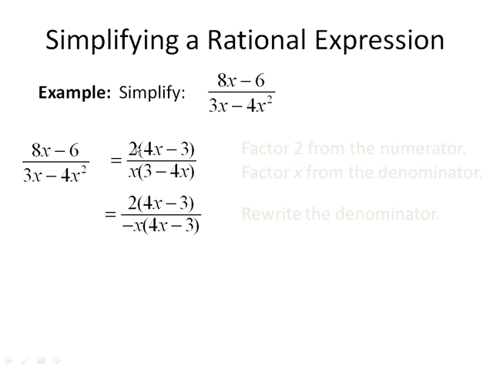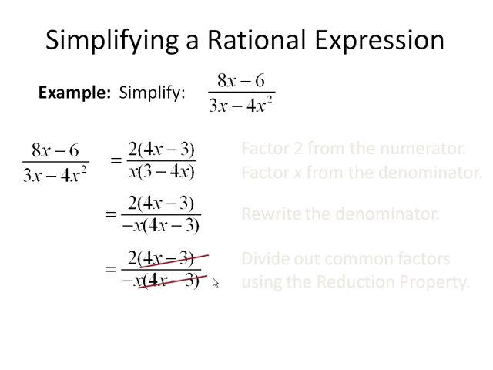Okay, I factor out 2 here, I get this. I factor out negative x here, and I get that, right? And then I can divide out 4x minus 3 with 4x minus 3. Do you see that? Yes? So that's what you get. Anyway, the whole idea for this problem is for you to recognize that 4x minus 3 and 3 minus 4x differ by a negative 1 factor. Is that okay?